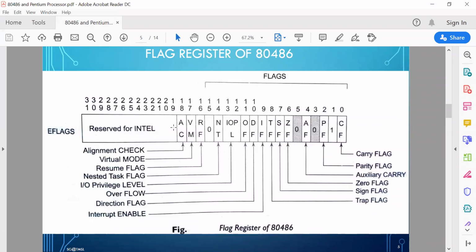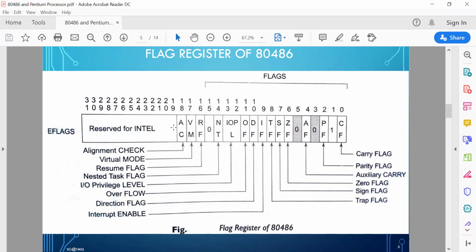Misaligned address means a word access to an odd address, or a double word access to an address that is not on a double word boundary, and so on. If this kind of situation happens, then an interrupt is generated internally, and that is called the exception interrupt.